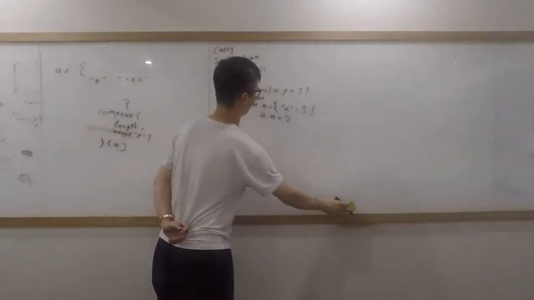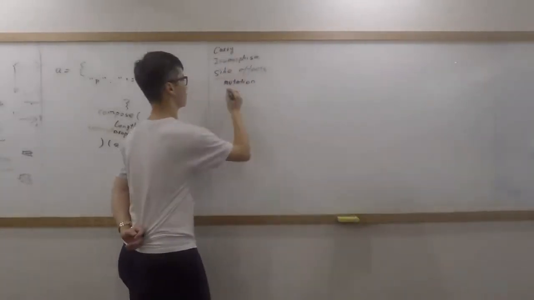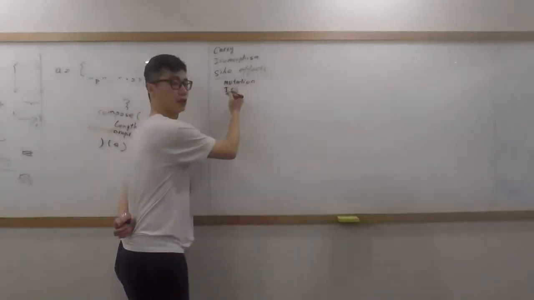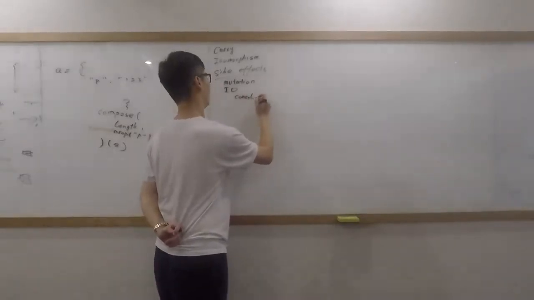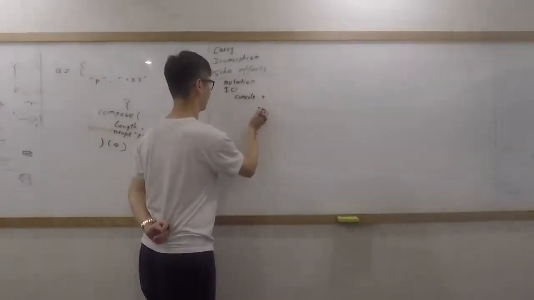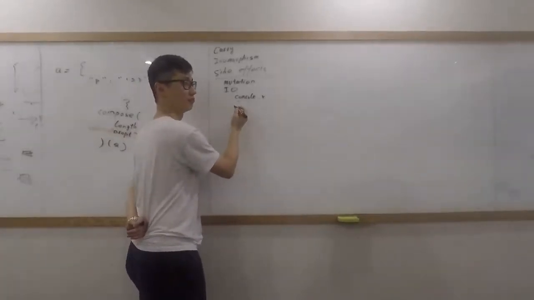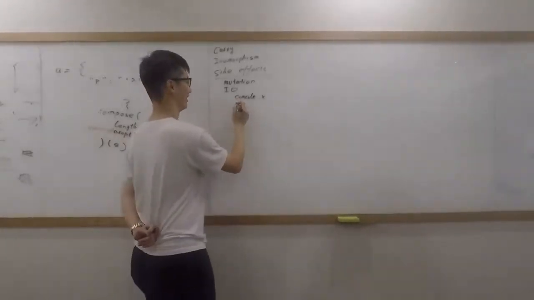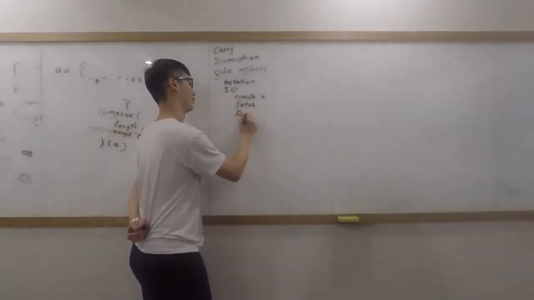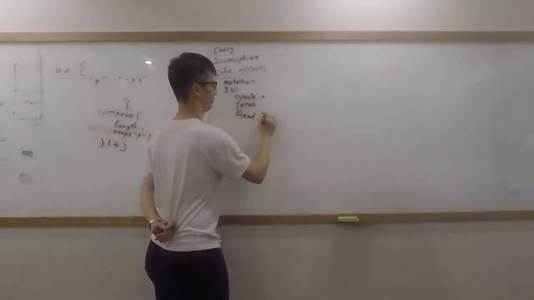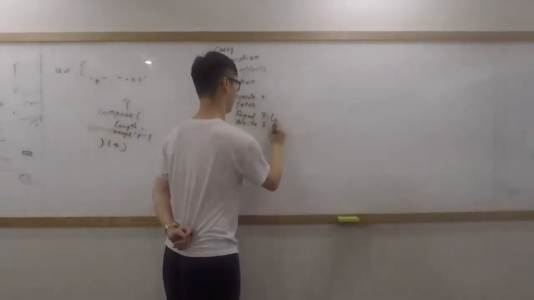What are side effects? IO. Okay. What's IO? Examples? Right. Okay. Console.log. Right. And what other IOs do we have? Fetch. Yeah. Read file, write files.